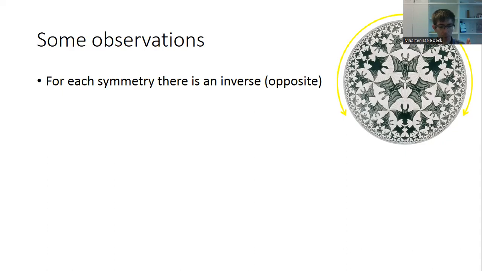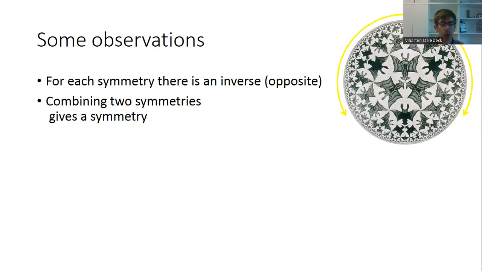If you mirror over a vertical axis, well, the opposite of it, or going back to the original, is mirroring again over this same axis. But for instance, if an object has a symmetry turning it over 90 degrees, then turning back 90 degrees will also work. Okay, so for each symmetry there is an inverse.